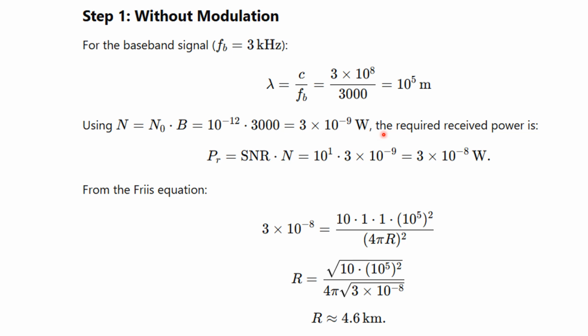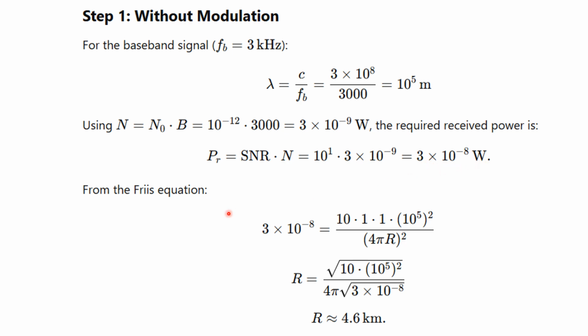The required received power can be calculated by multiplying the SNR with N. We have calculated N, and SNR is 10 power 1, so our received power is equal to 3 into 10 power minus 8 watt.